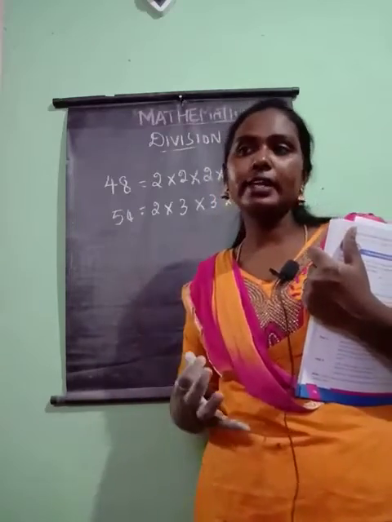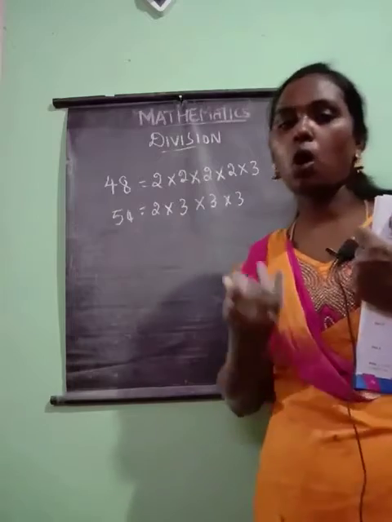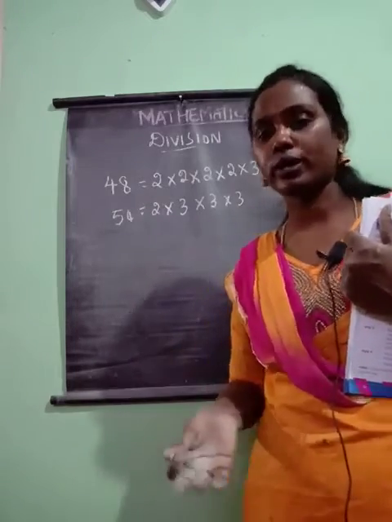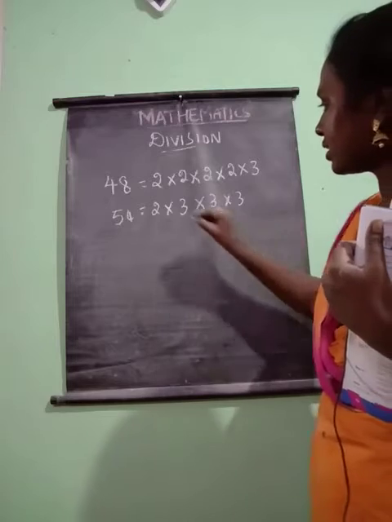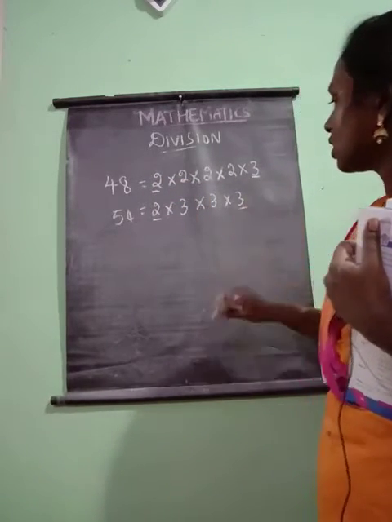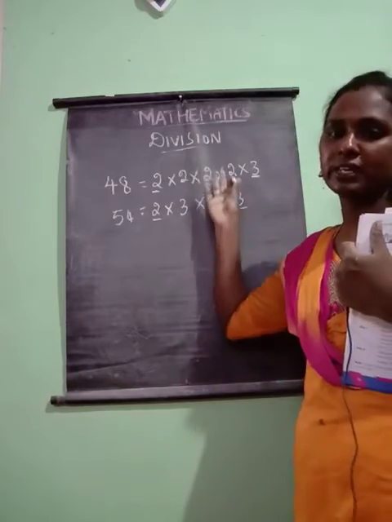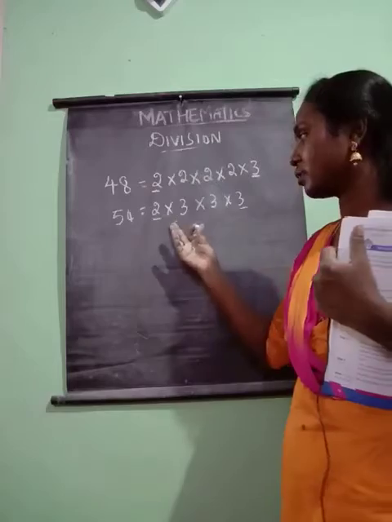To convert 18 into prime factors, we have to use 2 or 3, even 5 also you can use. Okay, so here you can see the common factors 2, 2, 3, 3. So here 3 is 3 times, but here only 1 time. But here 2 is repeated 4 times, but here 1 time.